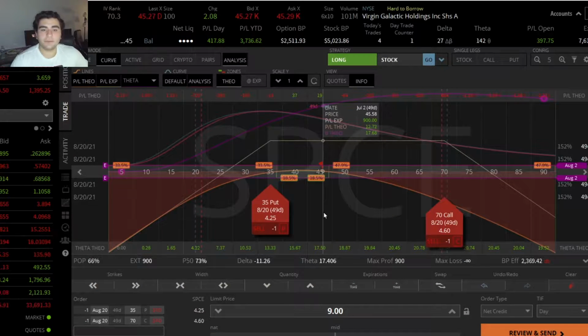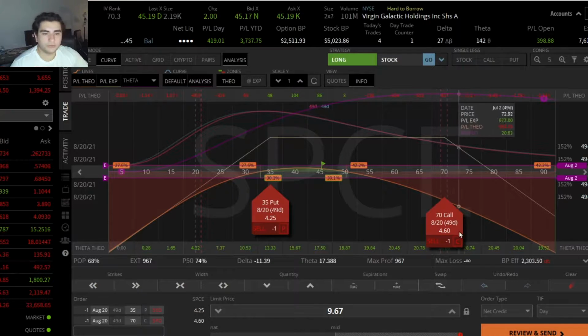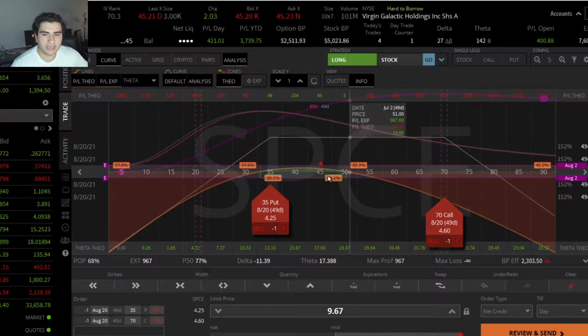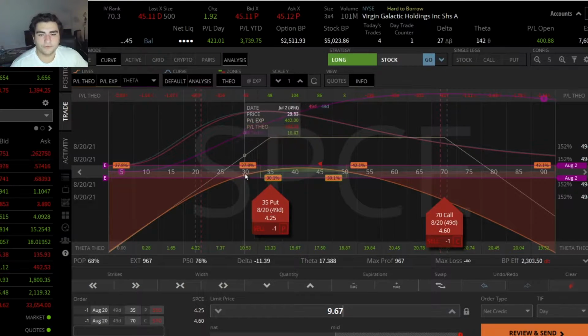So here we have the risk profile of SPCE pulled up, the strangle that we have open here, the 967 to the short call, which is 70. So our break even is about 79.67, exactly 79.67. And our break even on the put side is subtracting the 967 from the $35 put. 967 minus 35 is our break even on the put side.